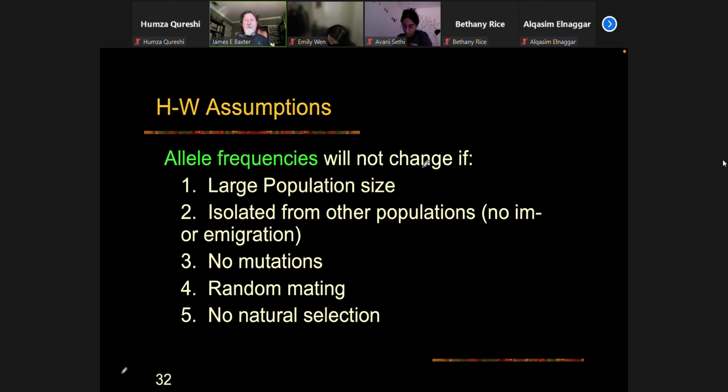So I'm going to go through each one of these assumptions, and we're going to look at what happens if they're violated. In real populations, it might not be just one of these assumptions that's violated at a particular moment. It may be a combination of them, but still we're going to analyze these based on just one assumption at a time, and see what will happen.